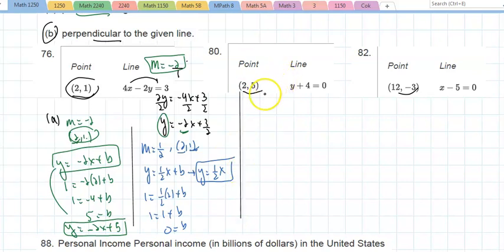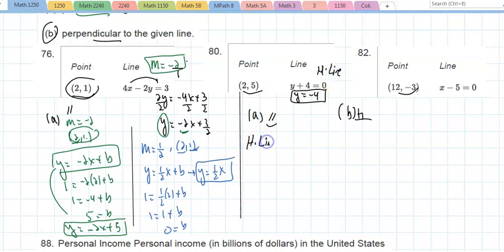Now, here, again, in part A, I want parallel, and in part B, I want perpendicular. Well, I notice this is y equals negative 4. y equals negative 4 is a horizontal line. That's a special case. A line that's parallel to a horizontal line is a horizontal line, and it has to pass through that point.